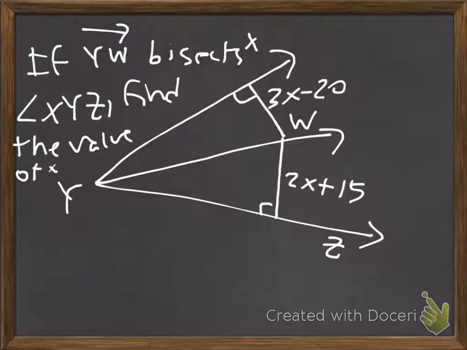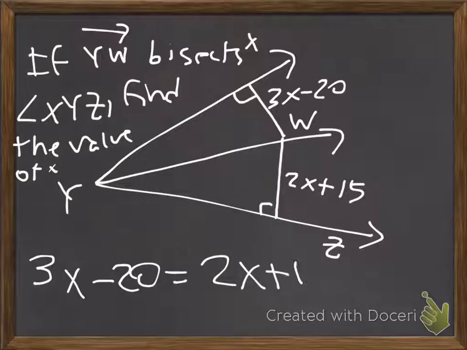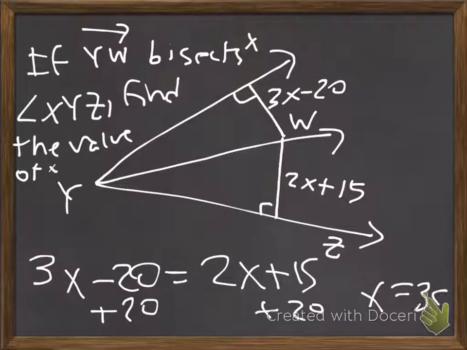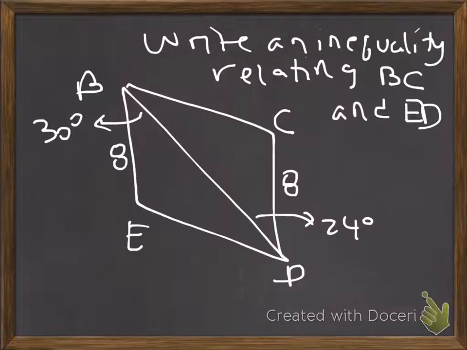This one says YW bisects the angle that makes the two sides here equal. So to solve for x, I'm going to put them equal to each other. Solve for x. So x equals 35. Next one, write an inequality relating BC and ED.